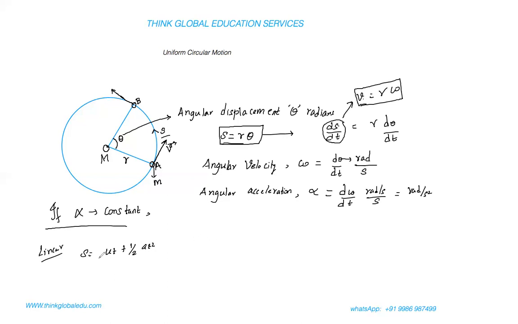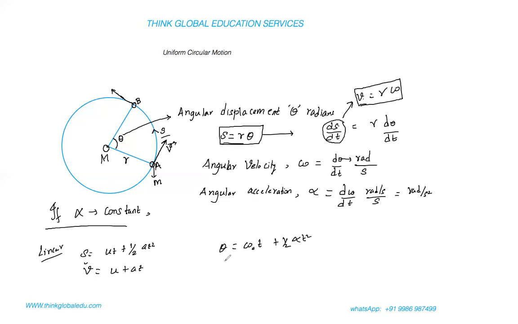Similarly here, instead of S you will get theta. Instead of ut you will get omega naught t, where omega naught is the initial angular velocity, plus half, instead of a you will get alpha t squared. And next, v is equal to u plus at.